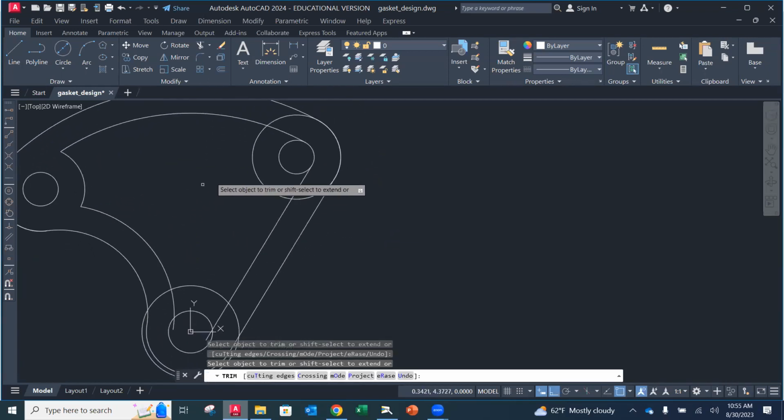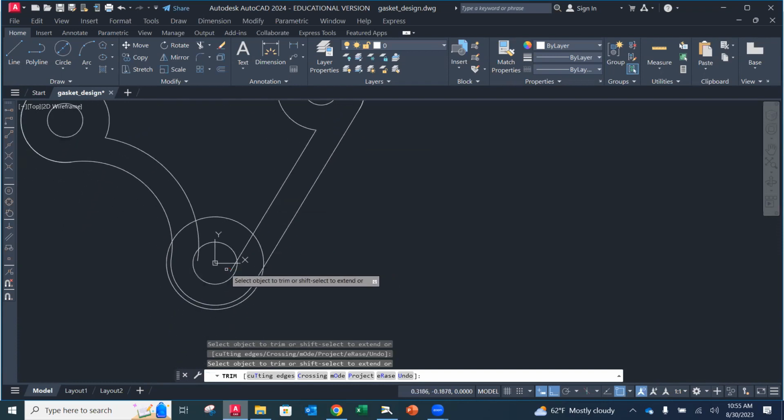That's what I want to remain. Same thing over here. I want to get rid of this, this, this, and this. And then here, don't forget the little insides there. Inside, inside. I need to get rid of this outside and that. There we go.